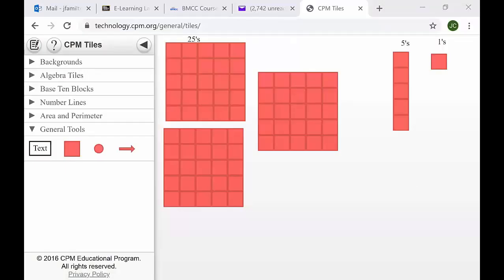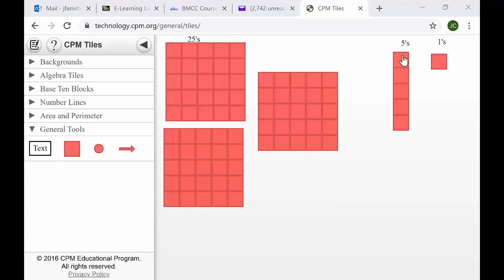So here I set up 311 base 5 using our blocks. So for the 25s, I have 3 flats. Each one of these flats consists of 25 units. So that would be the 3 in the 3, 1, 1 base 5.